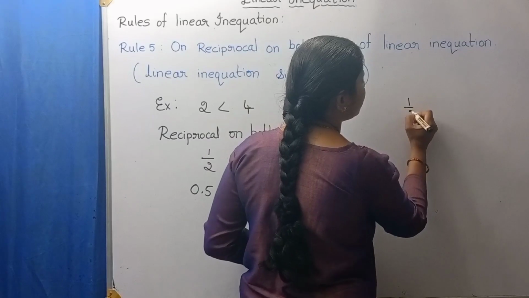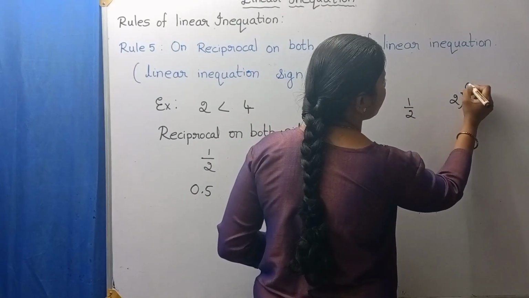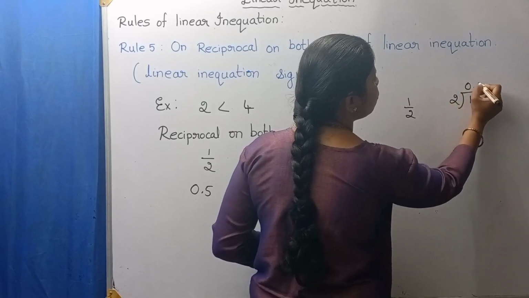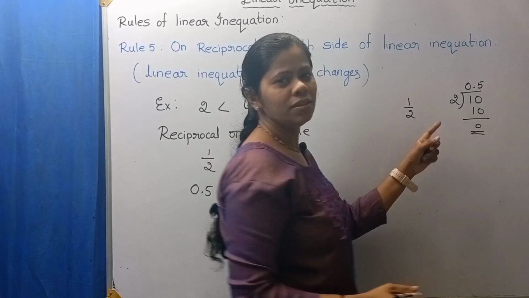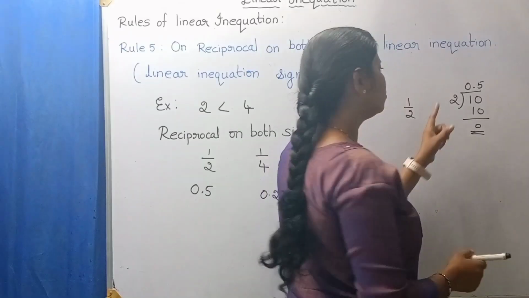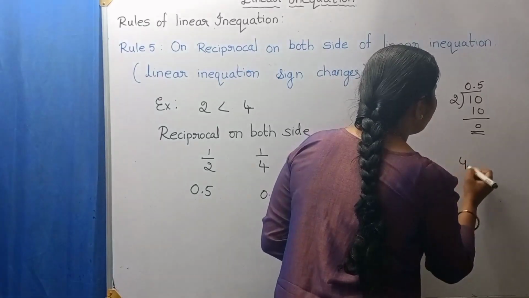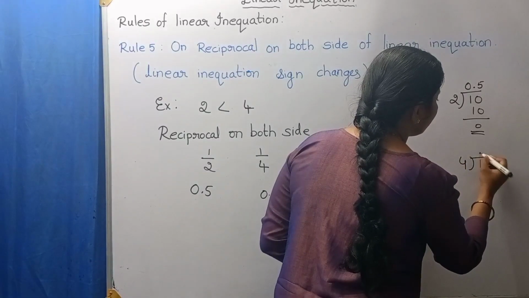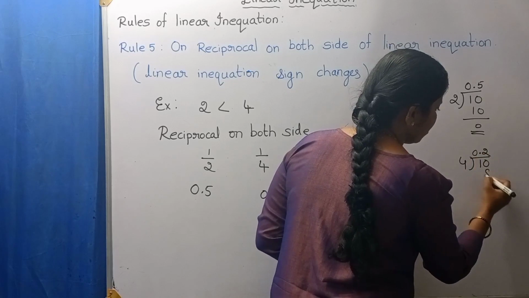Okay, I will do it here. 1 by 2 is nothing but, how to do this? 2 fives are 10. Some of them need it, therefore I am doing it in detail. Then 1 by 4: 4 twos are 8.